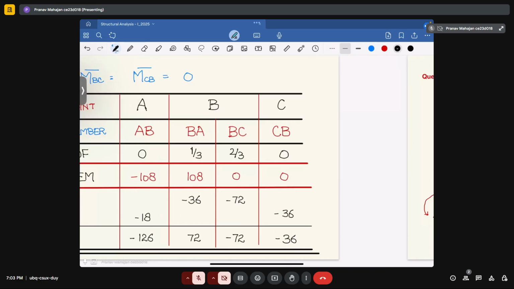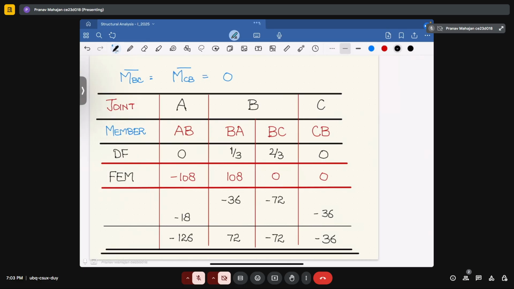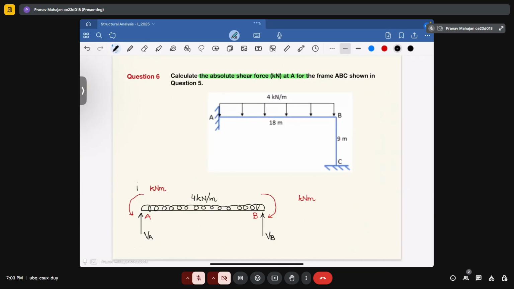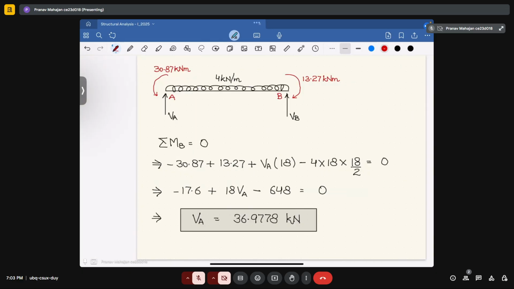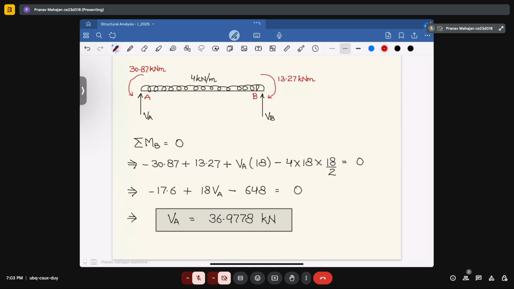So these values we have calculated as 126 and 72. So this will come out as 126 and this will be 72. Fine. Now let me check it here.